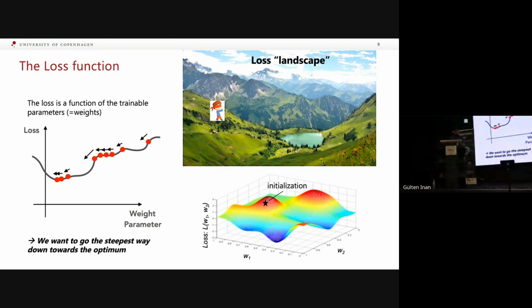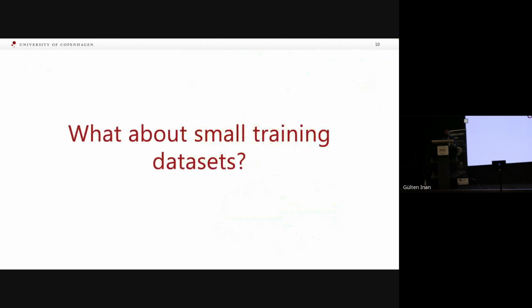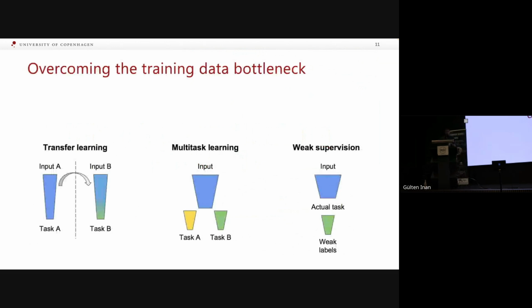And as I mentioned, this whole process leads to good results if we have a lot of training data, but in many applications, we do not have so much training data. So the question is, what about the small training data sets, and what can we use here? I'm building up towards the keyword self-supervised learning, but there are a lot of techniques out there with different names, and they're all somehow related.